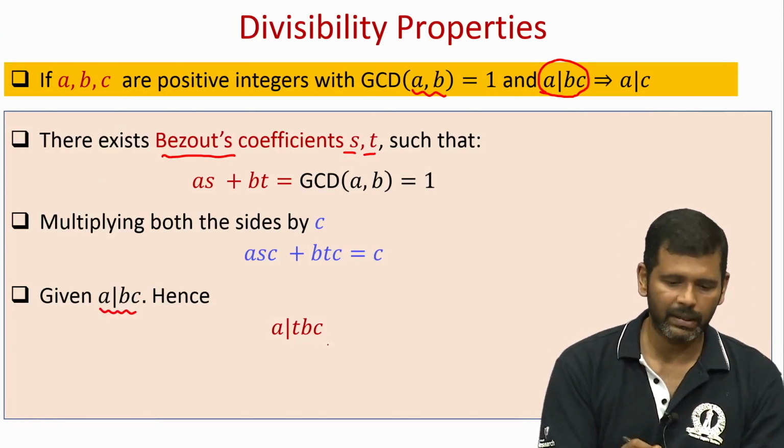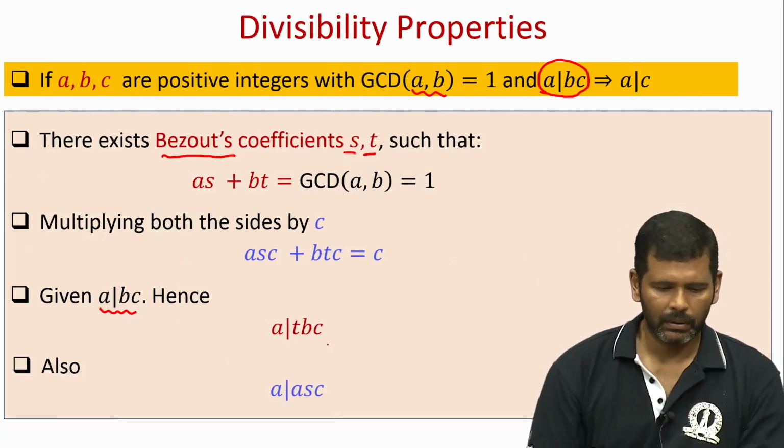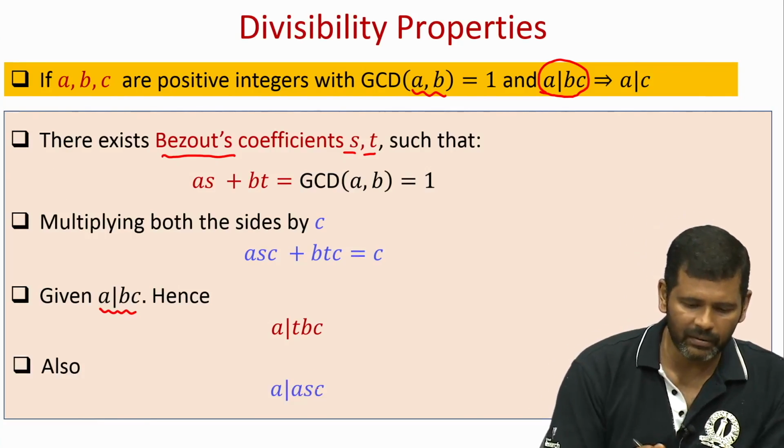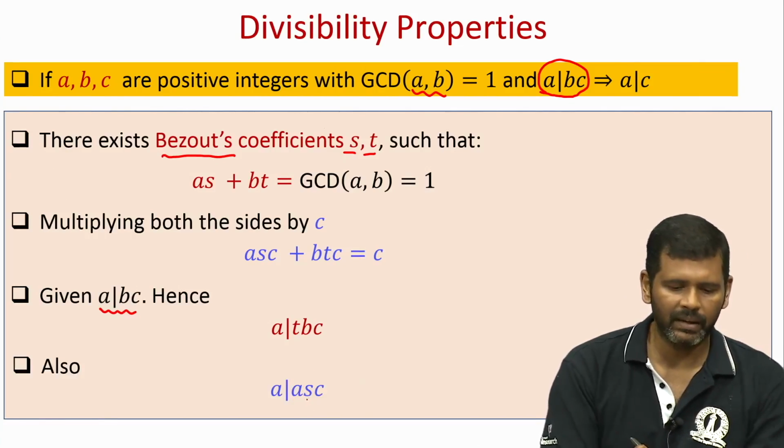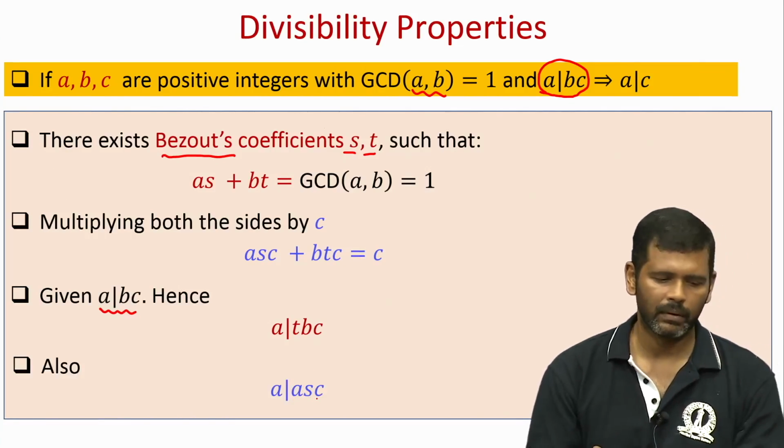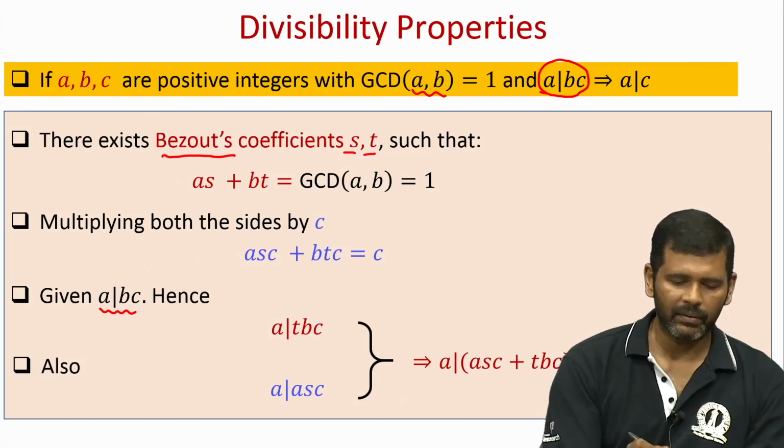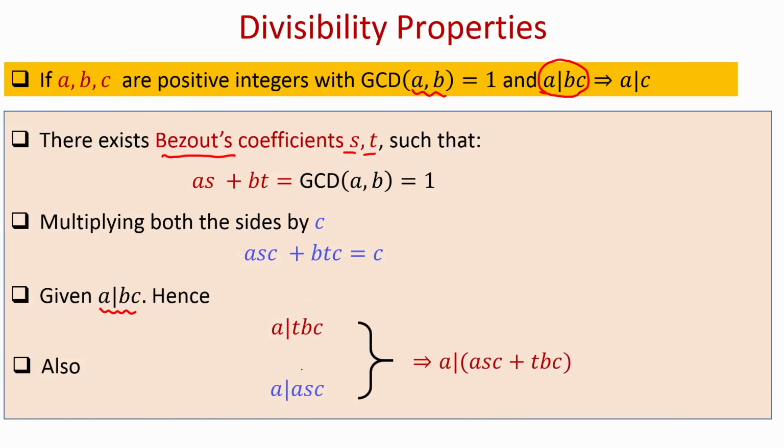So, it divides T times bc as well, and anyhow a divides any multiple of a. So, it will divide S times c times a. If a divides 2 numbers, it divides the summation of those 2 numbers as well, but the summation of the 2 numbers that I am taking here is nothing but the value c. So, that is a proof of this fact.